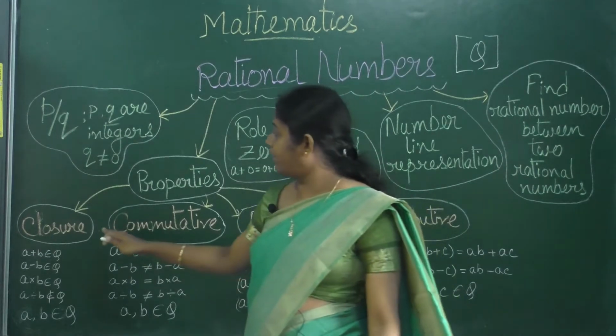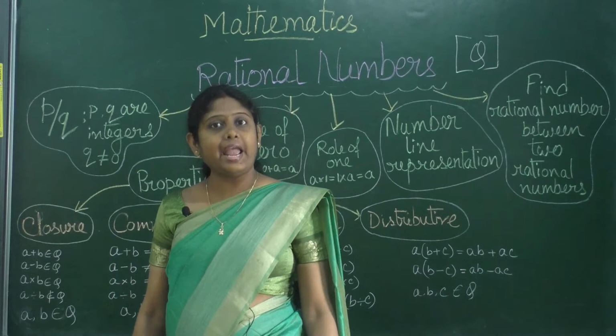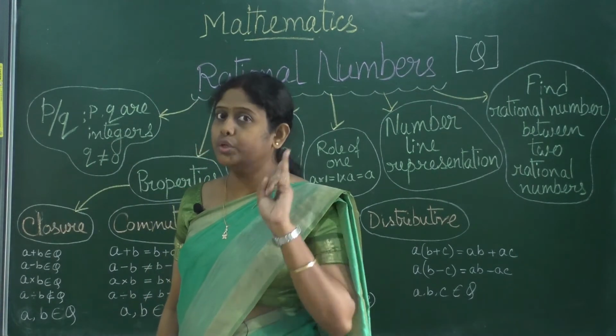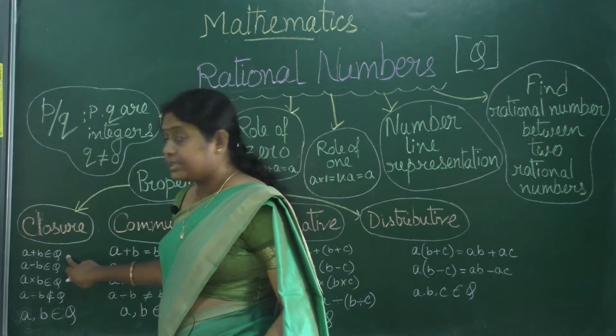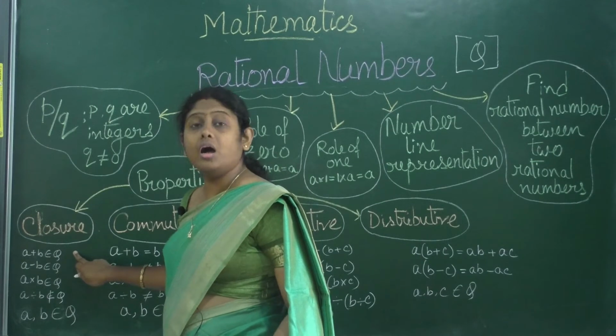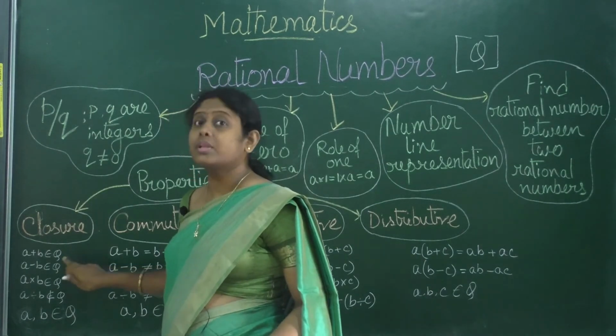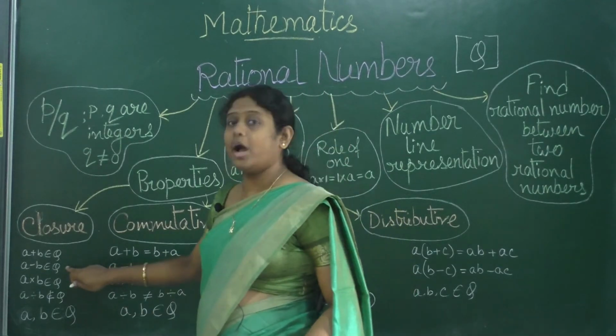Come to the first property, closure property. Suppose a and b are two rational numbers. Then the sum of a and b will be a rational number. The difference of a and b is also a rational number.